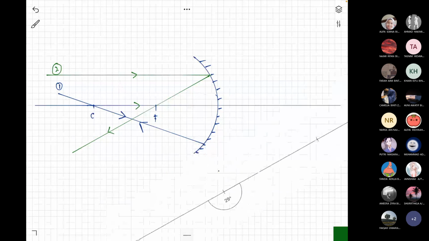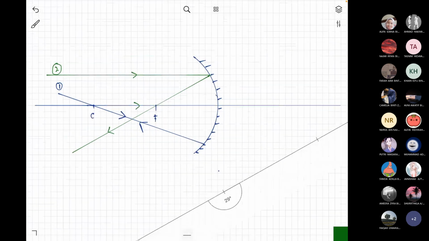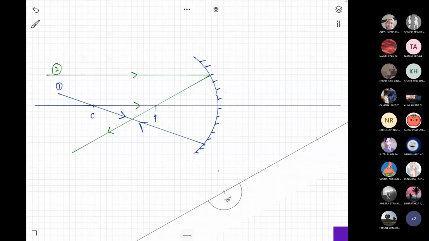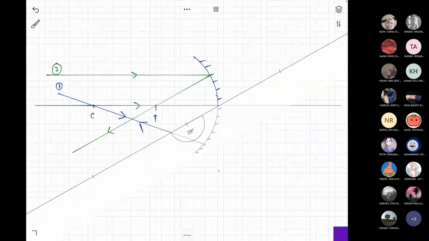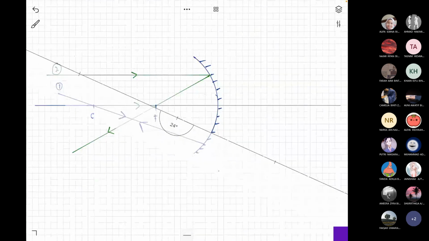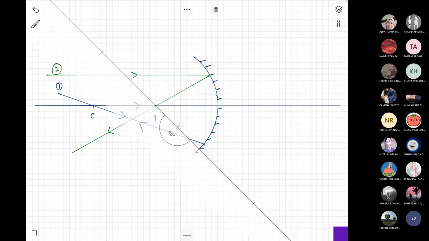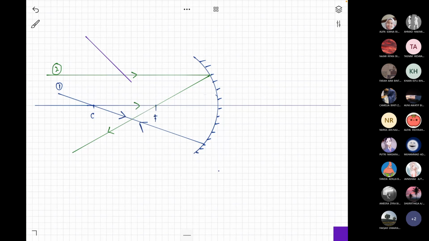And the third rule is when light passes through focal point, it will be reflected parallel to principal axis. So actually this one is just the reverse of the second rule. Let me change the color again, and this time let me use purple color. As I mentioned earlier, light passes through F. Here's F. Let's say light comes through this way.